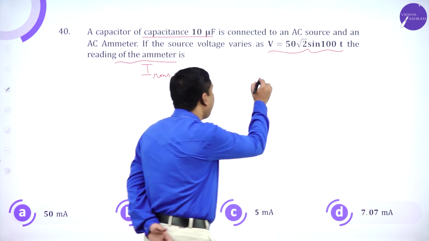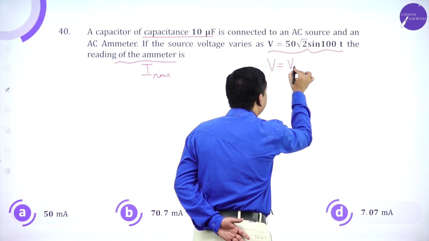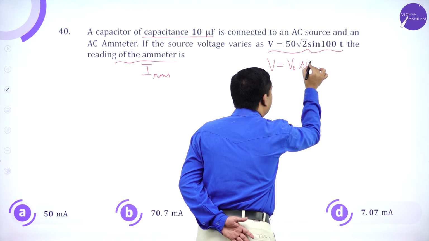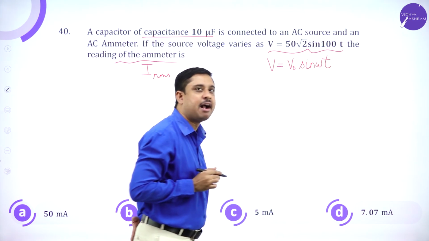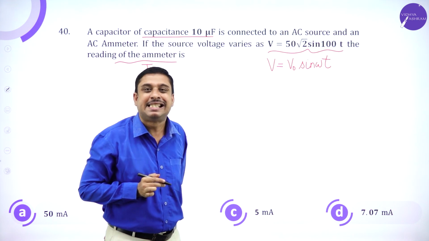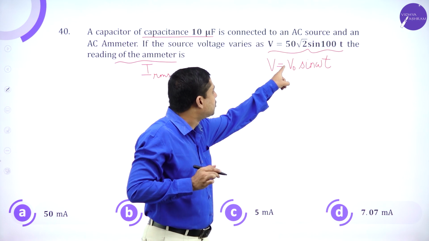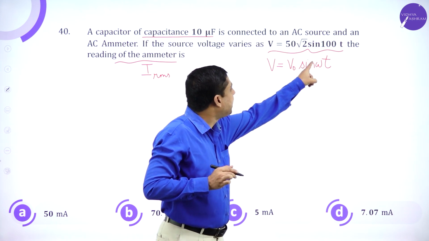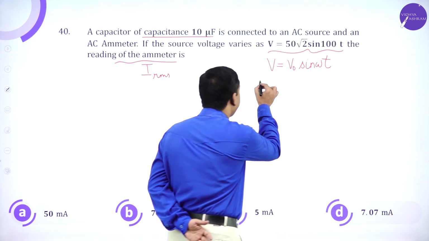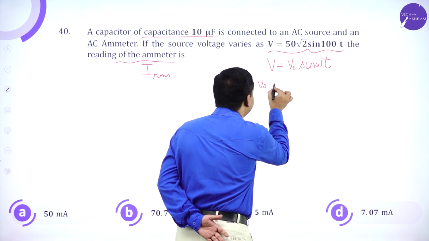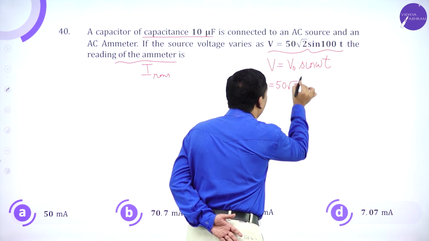Now, comparing this with the standard expression, V equals V naught sin omega t, the instantaneous value of voltage. So V naught is 50 root 2. Compare.